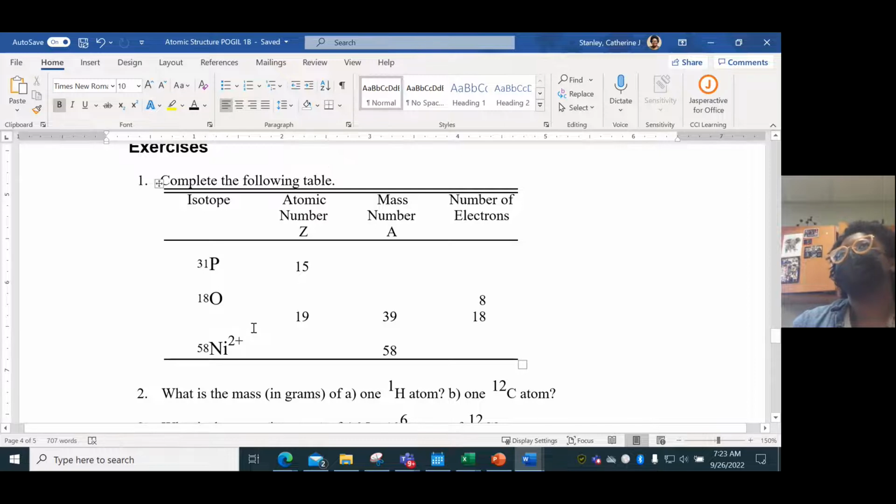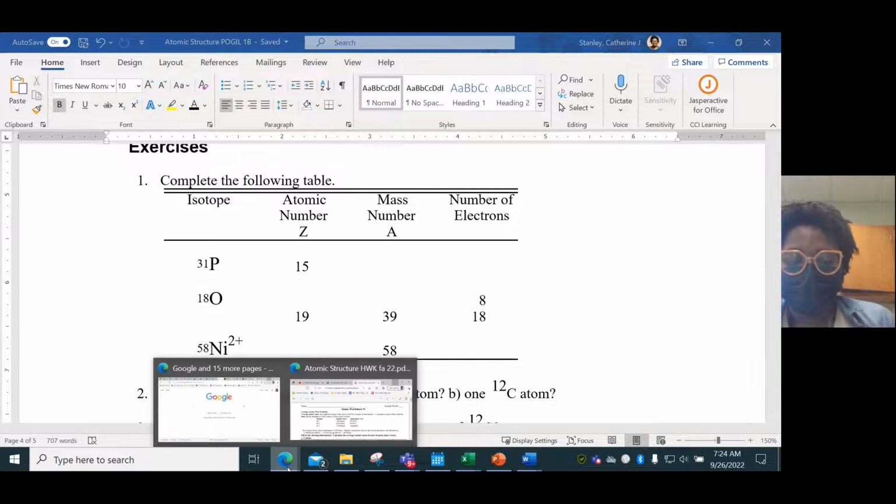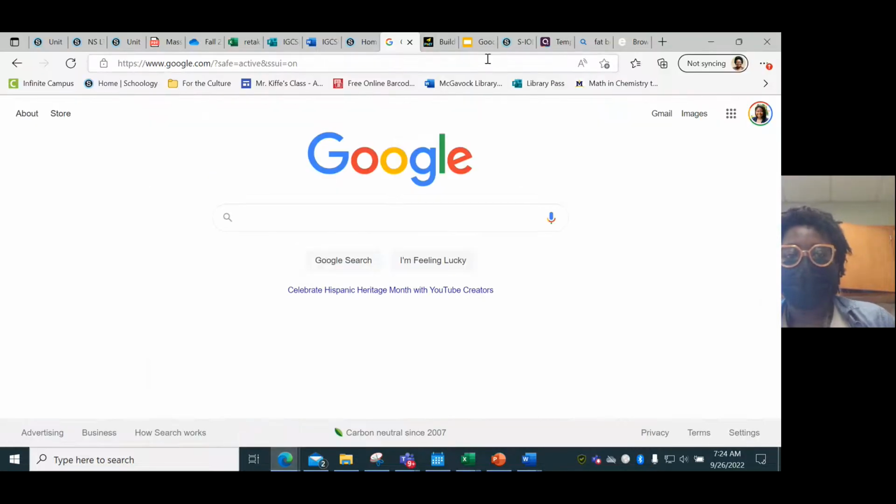We need to figure out the atomic number and the mass number and the number of electrons. The atomic number, let's start there. The atomic number can be determined by looking at the periodic table, right? So if you need to open up a periodic table, on Schoology is the one that I like. It should be on the main page.